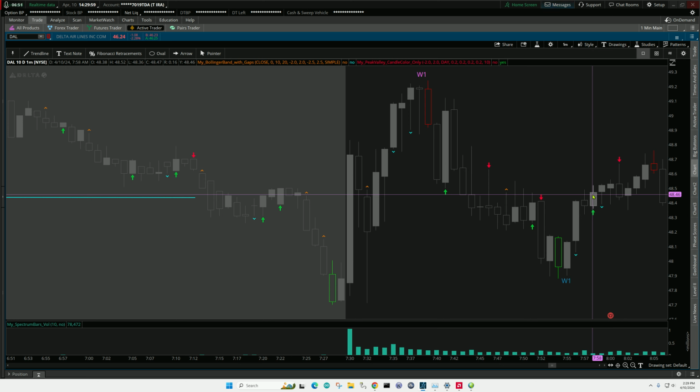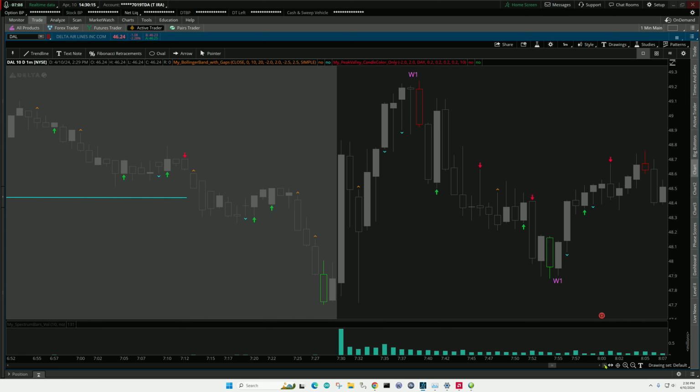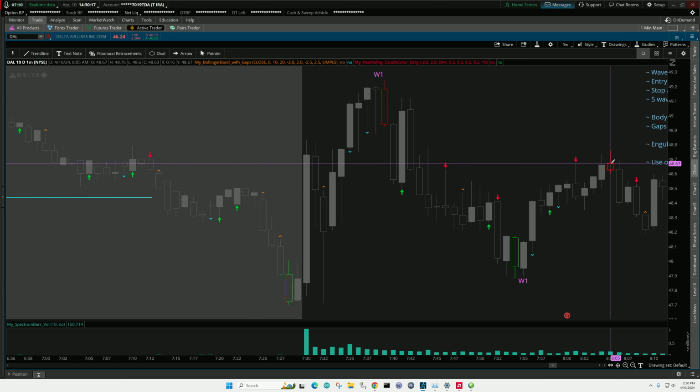So in order to be confident that this isn't just a wave one down and price is going to go back up, we need to see price go up and not break the previous wave high, in this case previous wave one. So I'll scroll a little bit to the right, and here what you see is, price goes up for about 12 minutes or so, and then you get candle body under candle body.